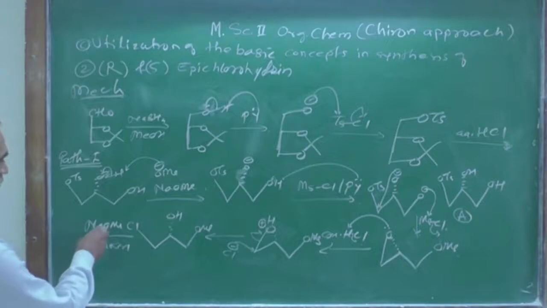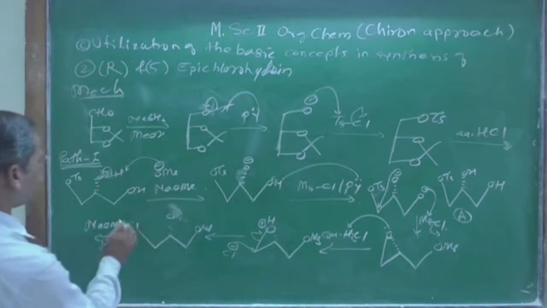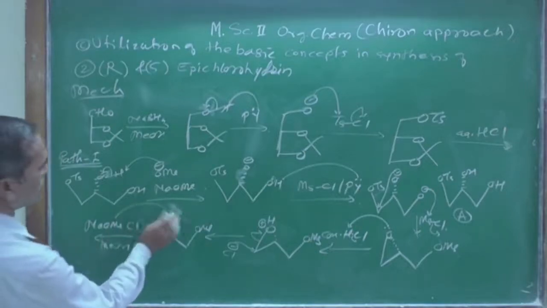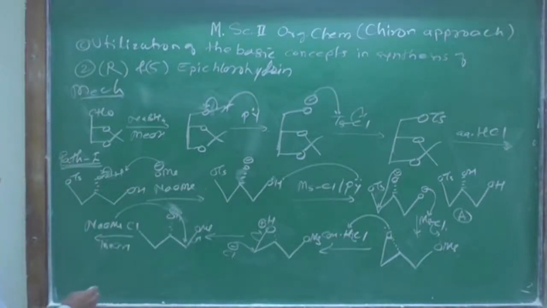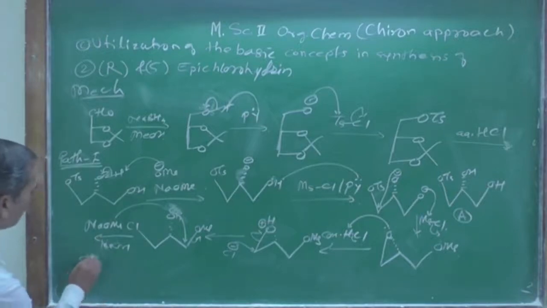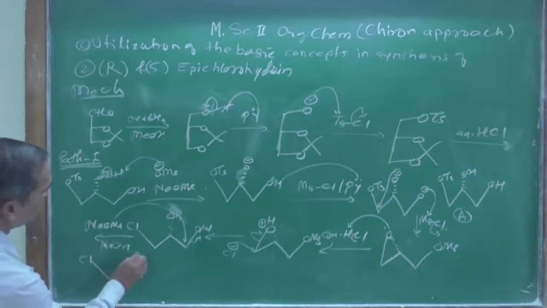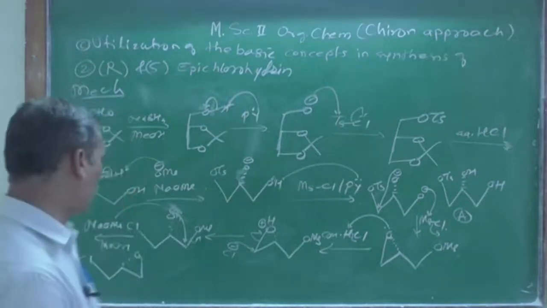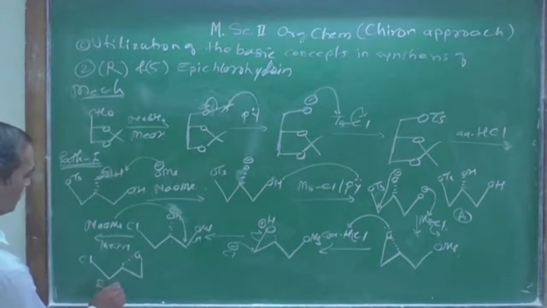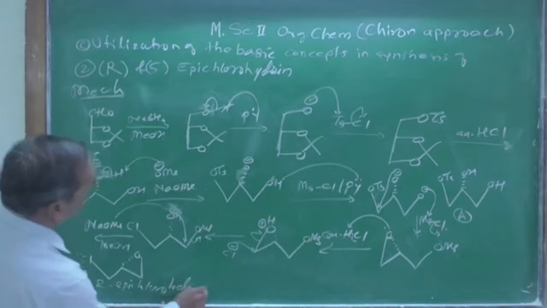So what it will do, it will pick up the proton from here, so negative charge over there, and this is going to attack over there, and this is removed, so that you are going to get this type of compound over there, Cl, then this epoxide we are going to get over there, that is the R-epichlorohydrin. This is the structure we are getting in this case.